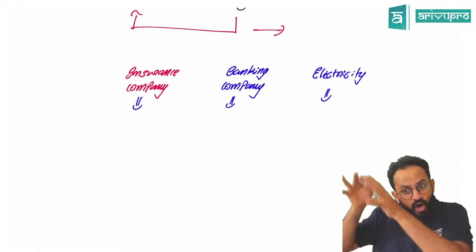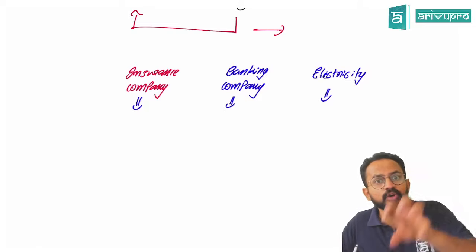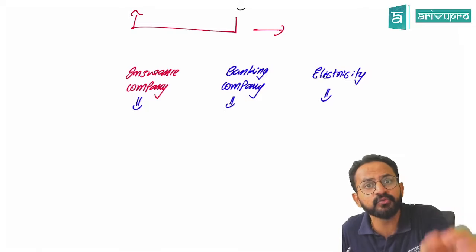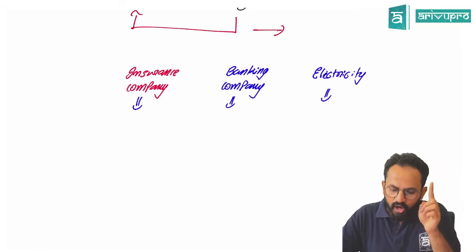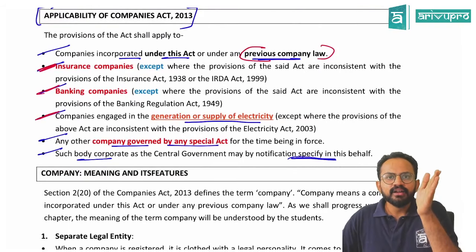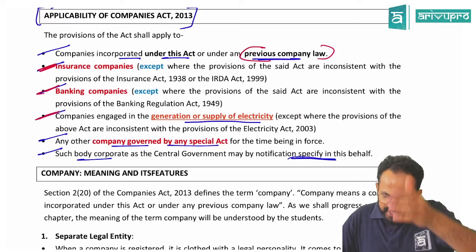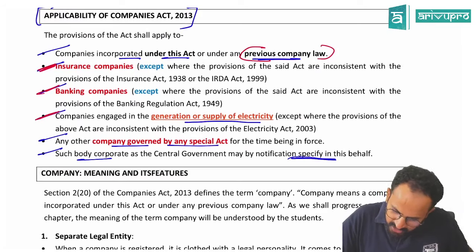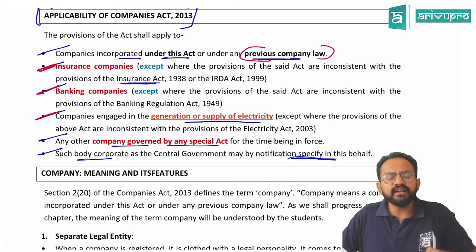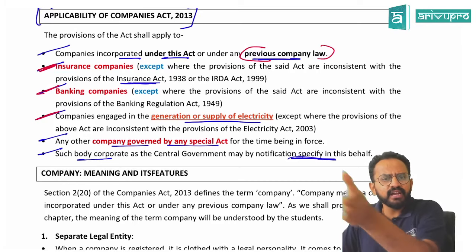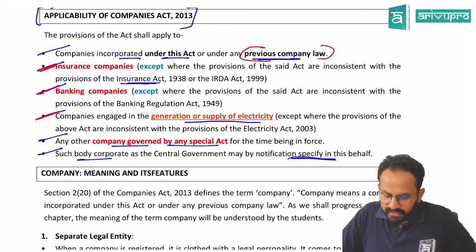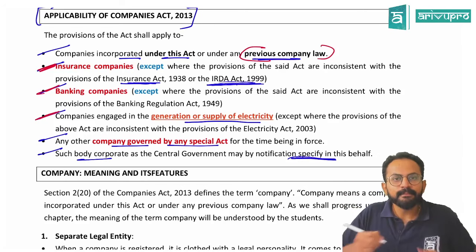For all these companies, they also have an industry specific law. Insurance company has a law called IRDA. IRDA means Insurance Regulatory Development Authority, IRDA Act 1999.